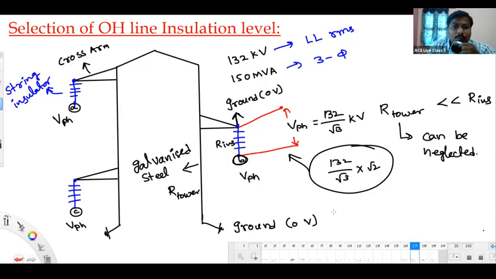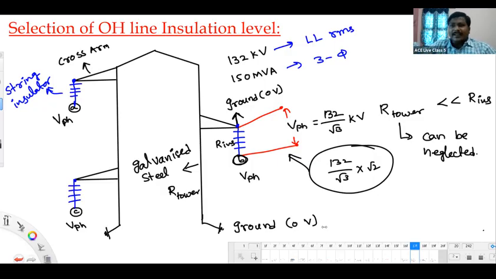Definitely, based on the overvoltage, we should select the insulator. What we are attempting to tell here, in a single point, is that if I keep the insulator on the tower, the insulator should not be damaged at any cost.